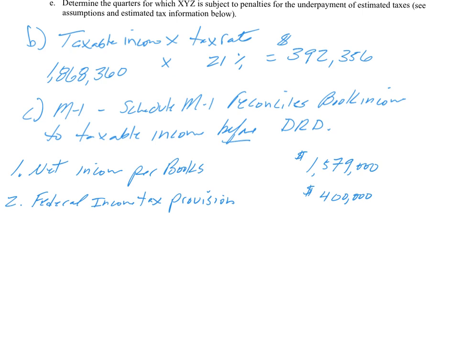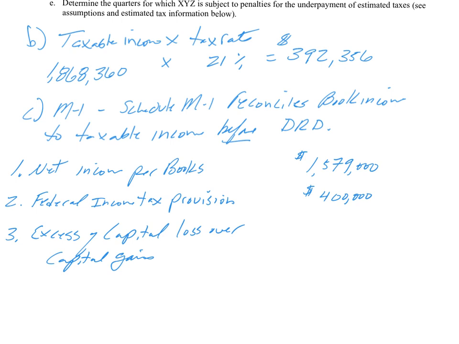So that's item 2. All right, so then 3, we have our excess of capital losses over capital gains, okay?